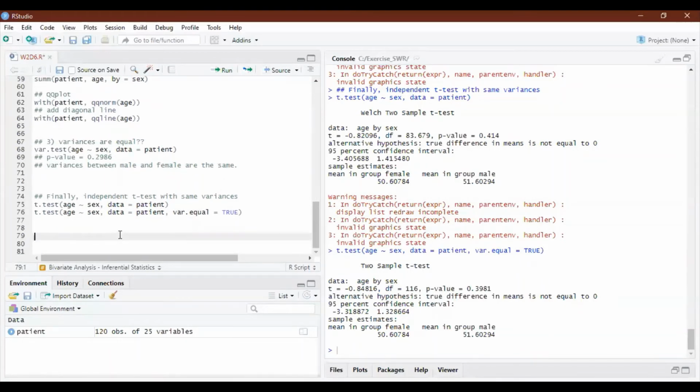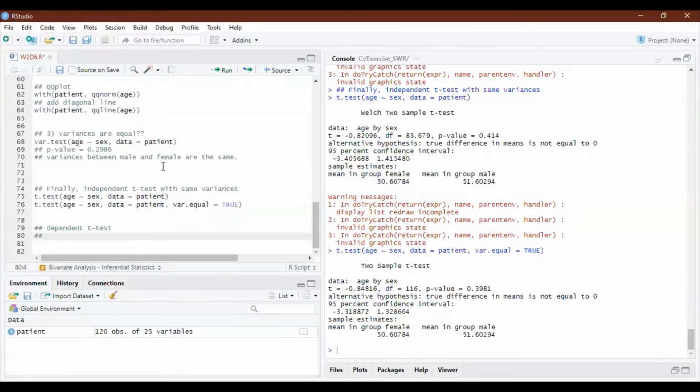What about the dependent t-test? Here we will change the argument. We will say whether it is paired data or not.